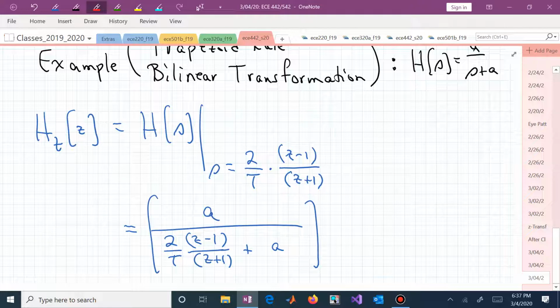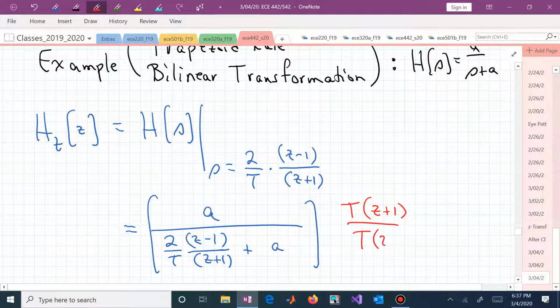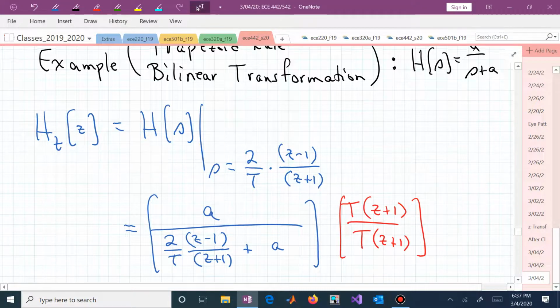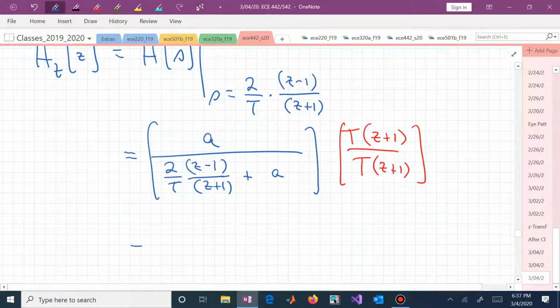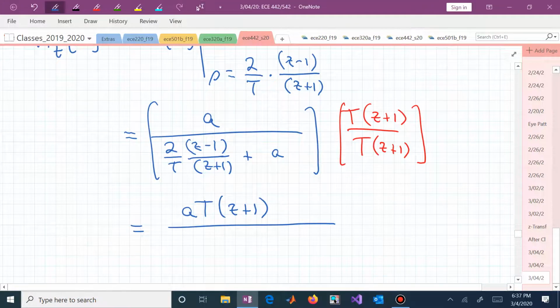The 1 in this case is going to be T times z plus 1 over T times z plus 1. That's our informed choice of 1. That now leads to aT times z plus 1 in the numerator over 2 times z minus 1 plus aT times z plus 1.